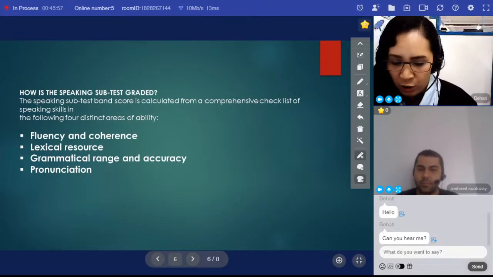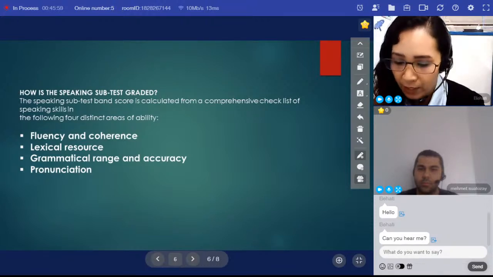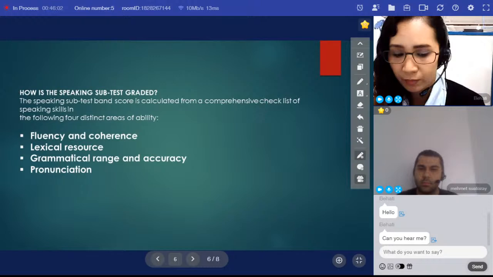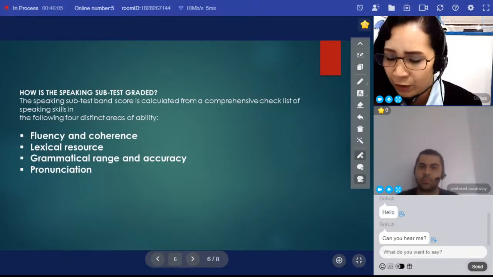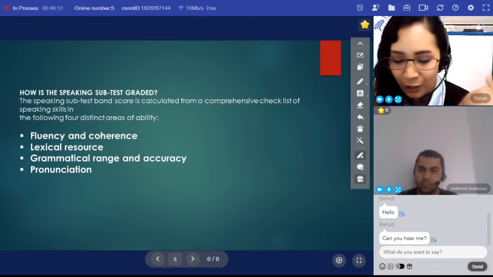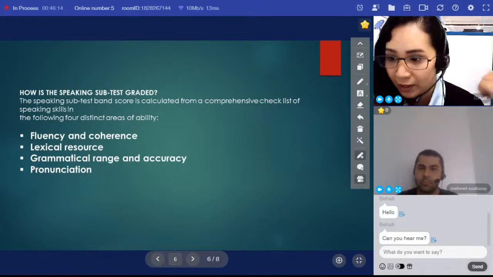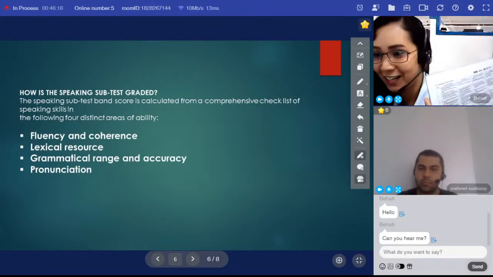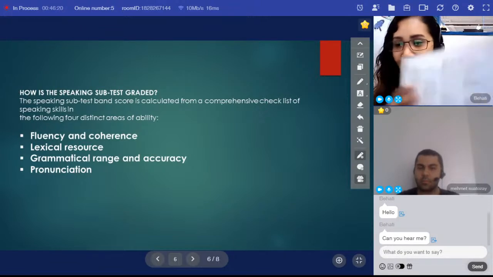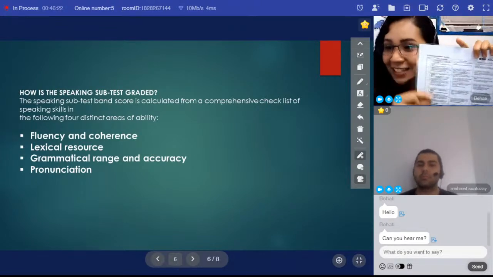You could actually search it up on the internet, and this is the band descriptor we use for the exams. So if you're looking for a way to improve your scores, one tip I could give you is to read through the band descriptor because you would know how you could get a 9, because there are requirements and conditions here.